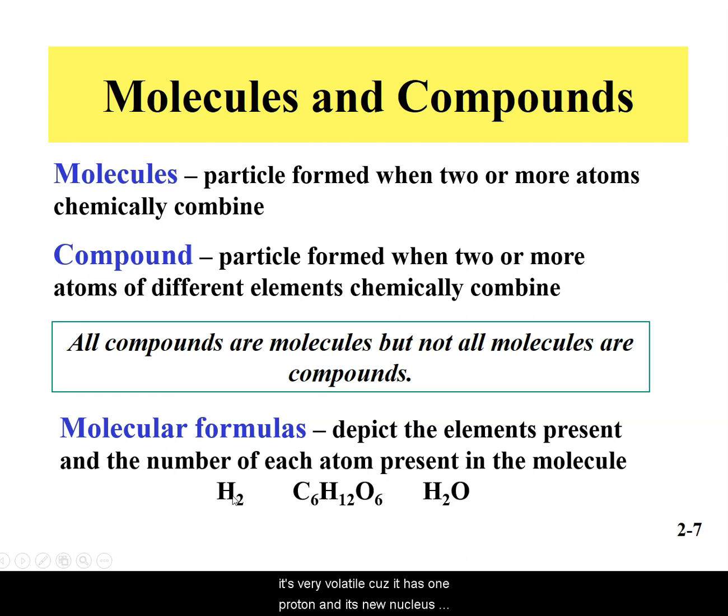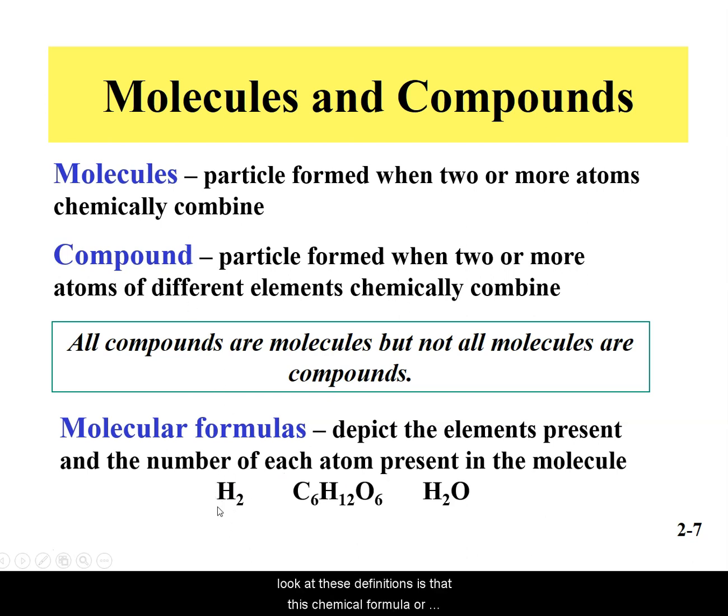It's very volatile because it has one proton in its nucleus and one electron in its outer shell, its valence shell, so it makes it very, very volatile. So in nature, in our atmosphere, it will always be combined with another hydrogen as H2, so two hydrogens.